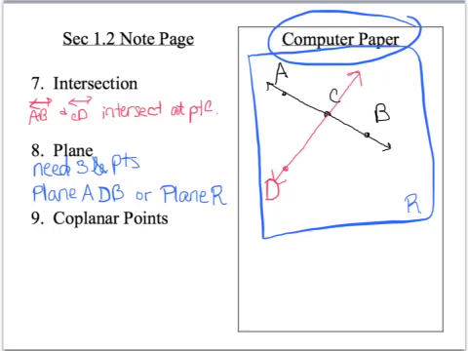Okay, R just represents the name of my plane. So coplanar points are any points that are in that plane. So in our example, we have 4 points in that plane. Points A, B, C, and D are coplanar because they lie in that plane.